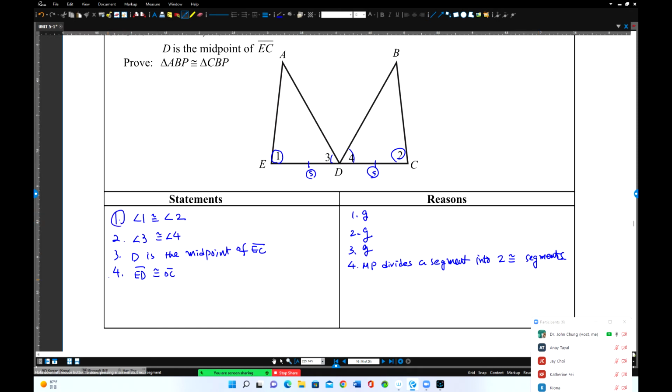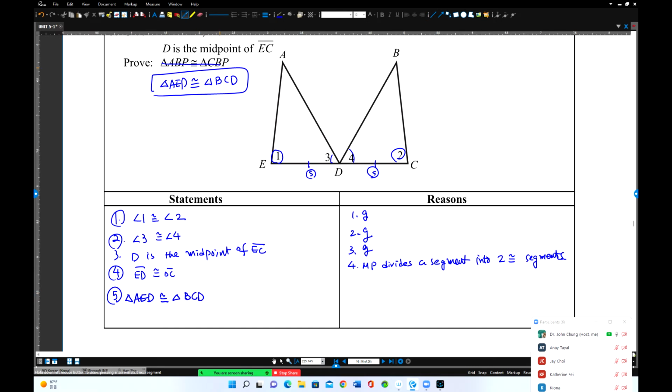We have one angle inside another angle. Now we make a conclusion. These are triangles. Triangle ABP, this is not triangle ABP, this is triangle AED. That's wrong. Triangle AED must be congruent to triangle BCD.